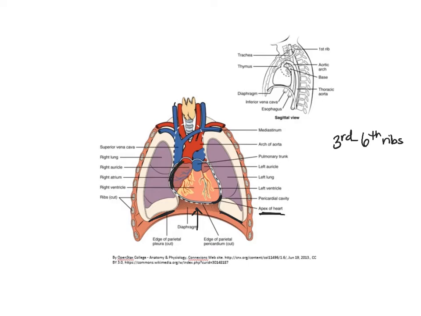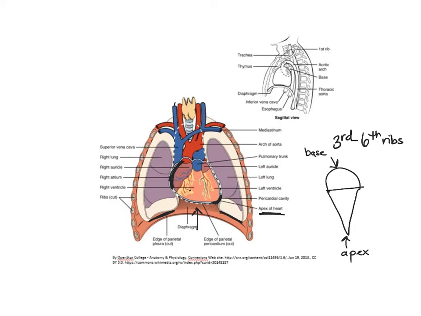Sometimes people talk about it like an ice cream cone, with ice cream on top. So down here, the pointy part is the apex, and this top part is the base. And the heart is about the size of a human fist. So whatever size that human happens to be, that's about the size of their heart.